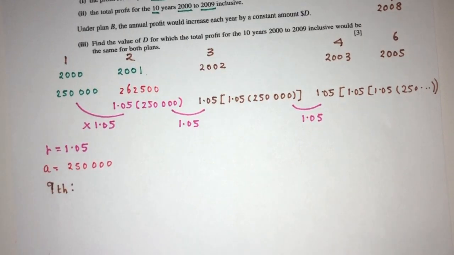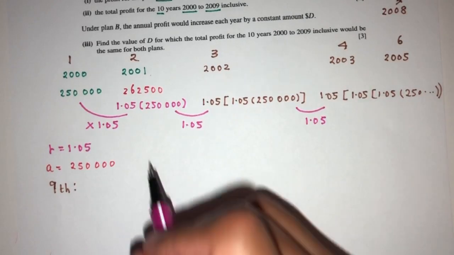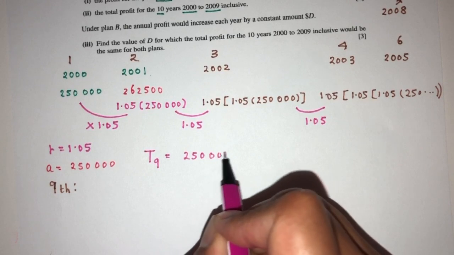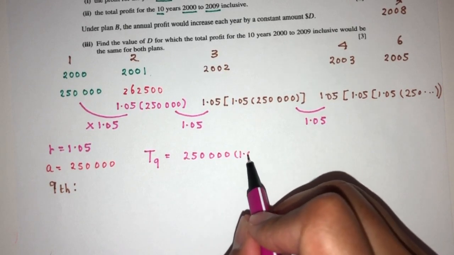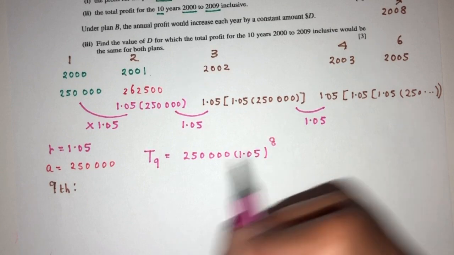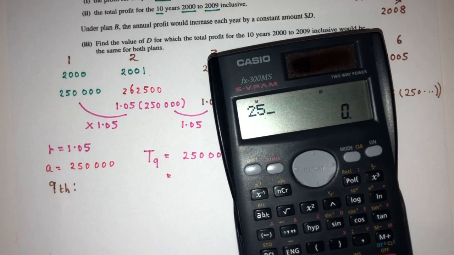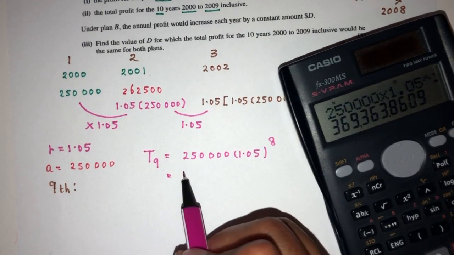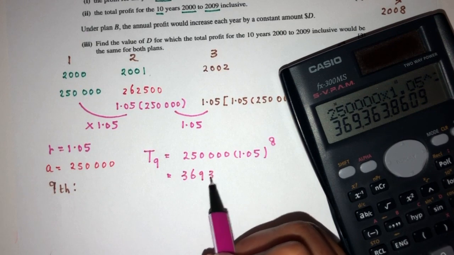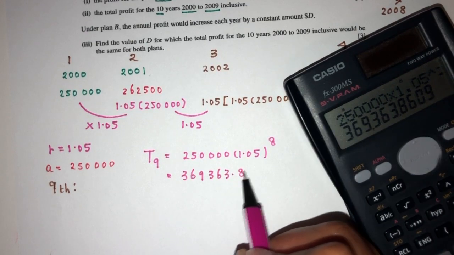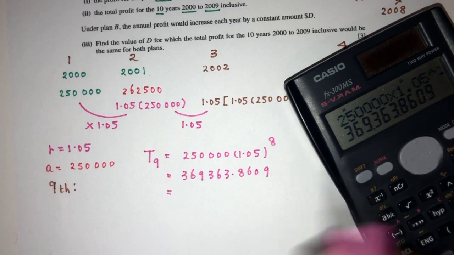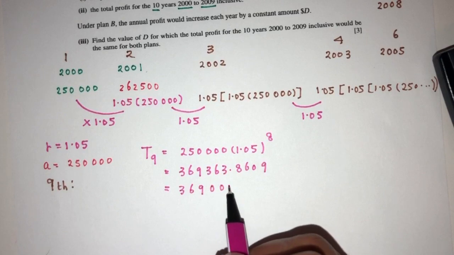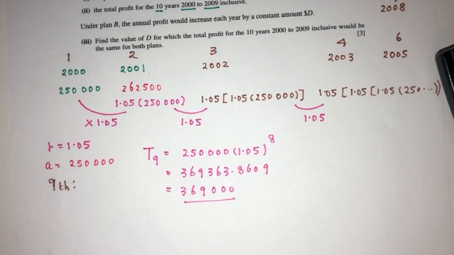This is a geometric progression, so the ninth term will be A times R to the power n minus 1, which is 8. So 250,000 times 1.05 to the power 8 gives 369,363.8609. Correct to 3SF, that is 369,000. That is term number 9.